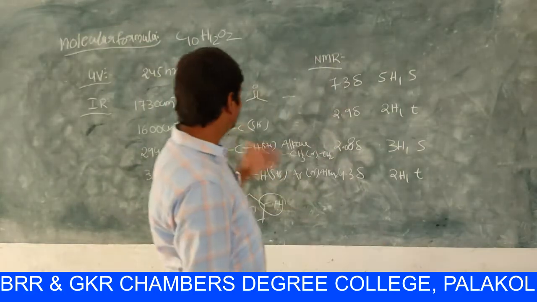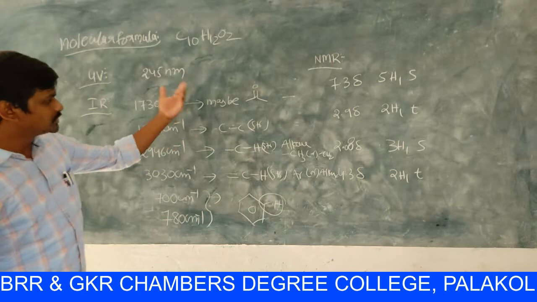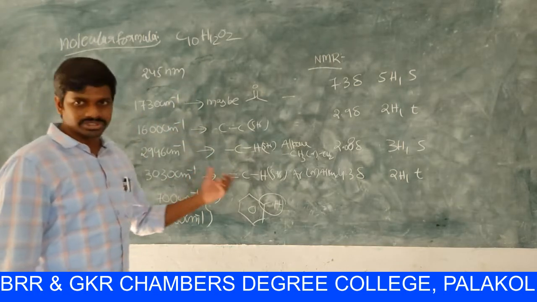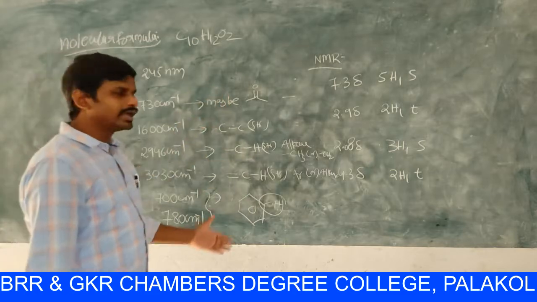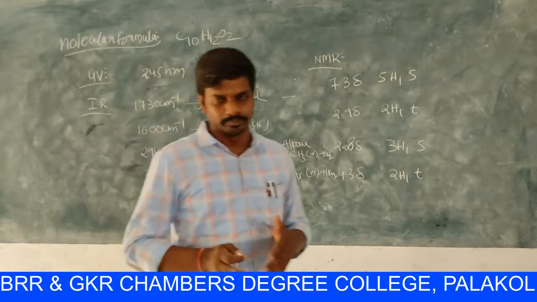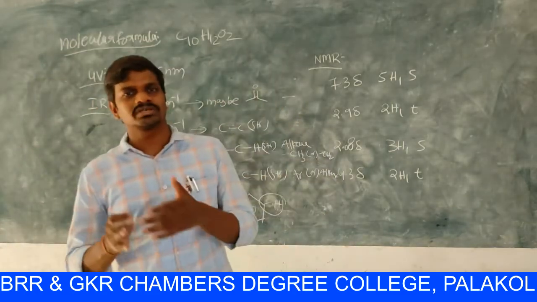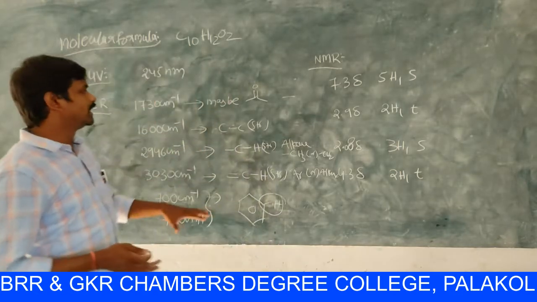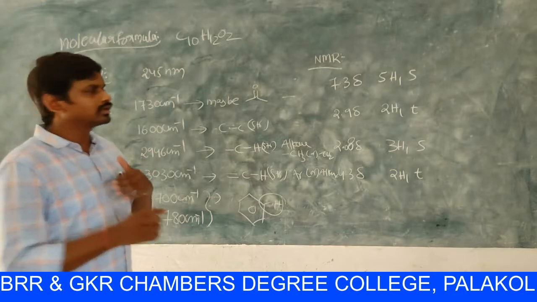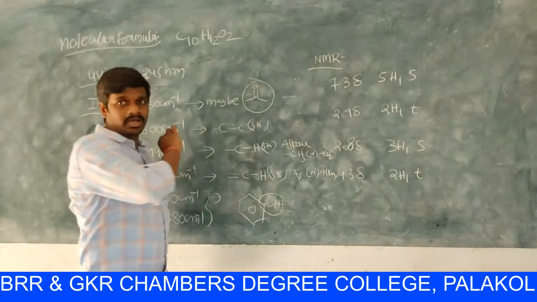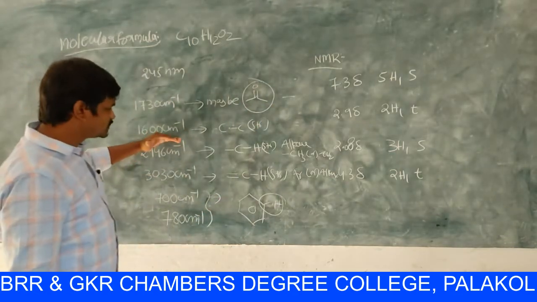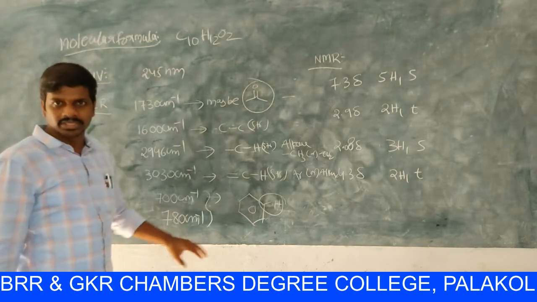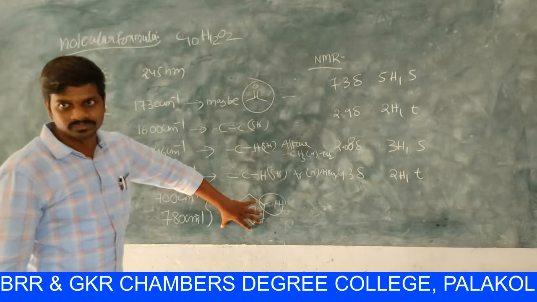By observing all the IR data, like the C=O frequency, the carbon-carbon double bond, =C-H, single bond C-H, and aromatic ring, what is the conclusion from IR? The organic molecule contains a C=O group, and the 1600, 3030, and 770 centimeter inverse values indicate the presence of an aromatic ring.